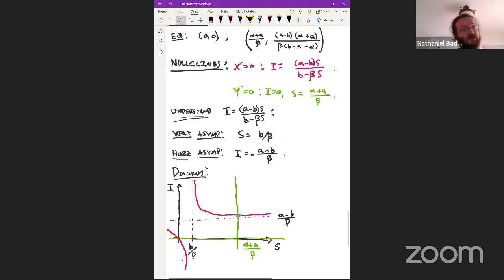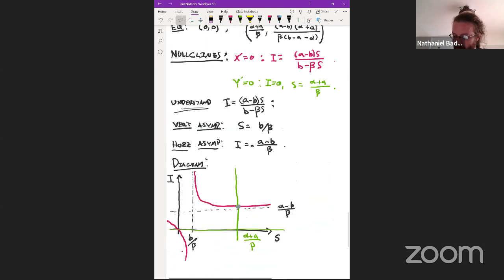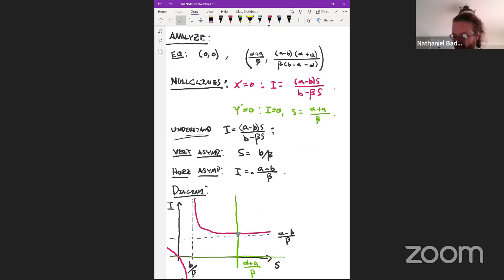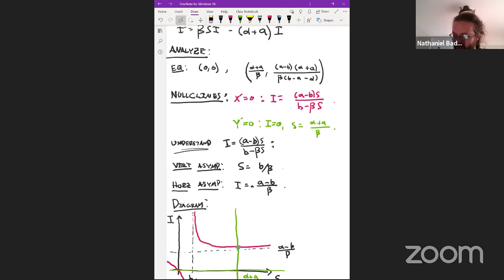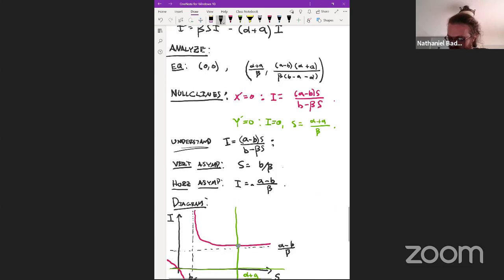Okay, so we can do our quick analysis. For our trajectories, what's going on? Let's pick the phase where things are very, very large. When a and S are very, very large, I is going to be positive, and S is going to be negative. Great.